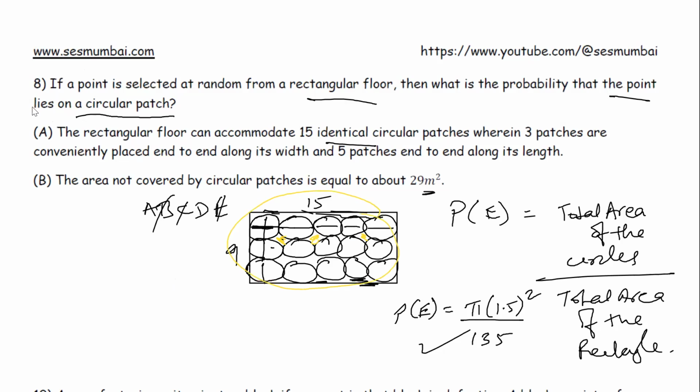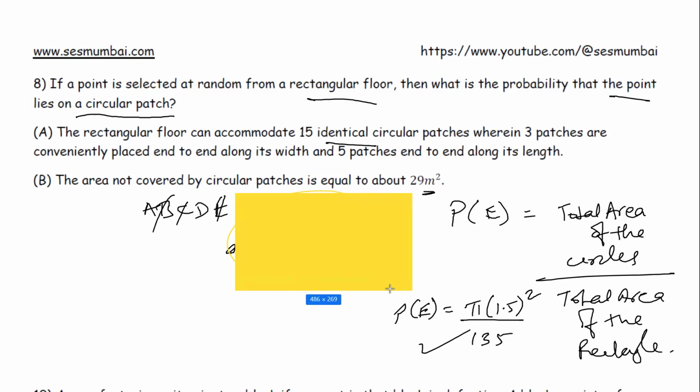Without statement A, we cannot deduce this diagram. We don't know the area of the rectangle from the question stem and statement B. Therefore, B does not answer the question. We need A along with B, but obviously A alone can answer.